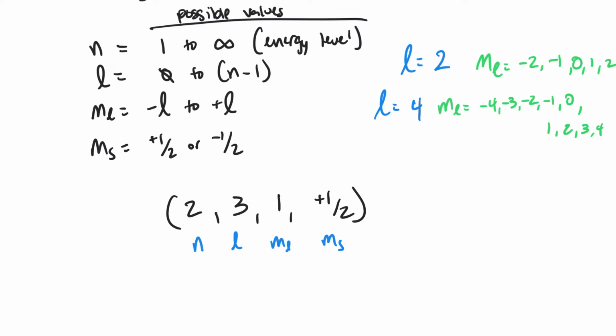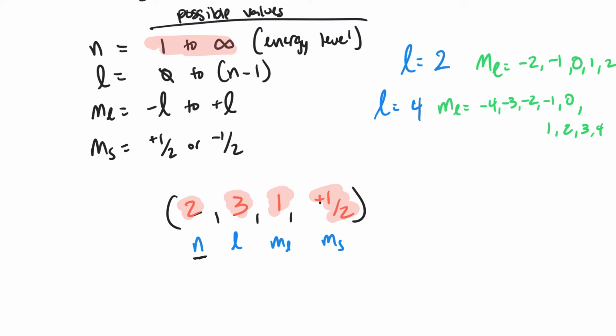Now let's look at these values. We have N is 2, L is 3, M sub L is 1, and M sub S is positive 1/2. Let's go back to our possible values and see if this is correct. N is 2, and we already know that N could be anywhere from 1 to infinity, so that value is okay.